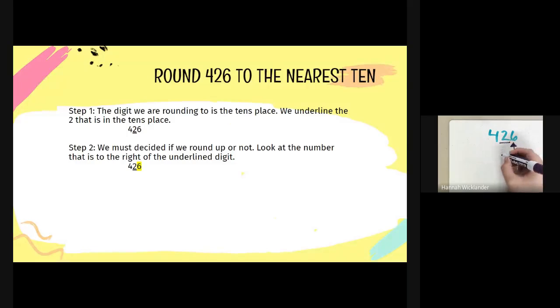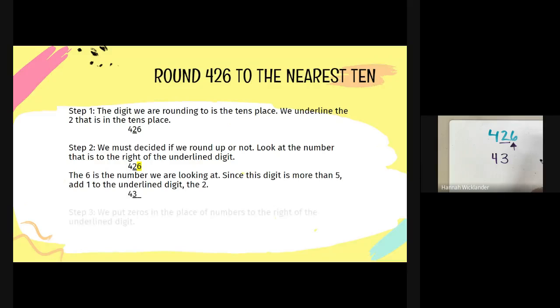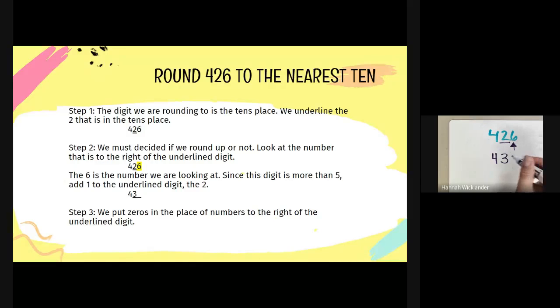So what's 2 plus 1? 3. So then this 4 just stays the same. Nothing changed with it. And then step 3 is to put zeros in the place of the numbers to the right of the underlined. So instead of a 6, I'm going to put a 0. So my answer is 430.